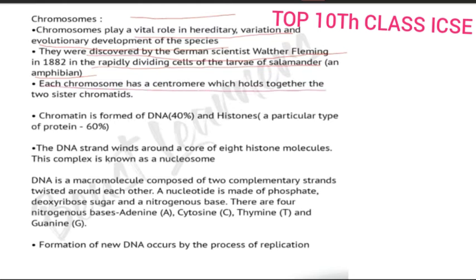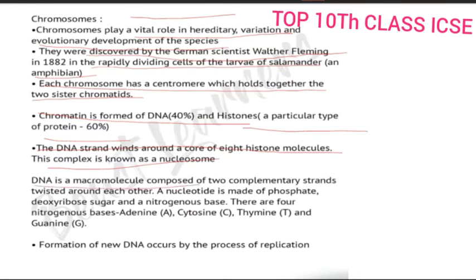Each chromosome has a centromere which holds together the two sister chromatids. Chromatin is formed of DNA, that is 40%, and histones, that is a type of protein, that is 60% in chromatin fiber. DNA winds around a core of 8 histone molecules. This complex is known as nucleosome.